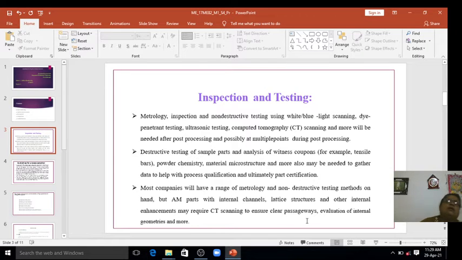It is common, like the CT scan we go for on the human body. For AM parts, CT scanning will be done so that any blurs or errors in the internal structure, any cracks or other defects in the internal parts and internal channels can be easily identified.